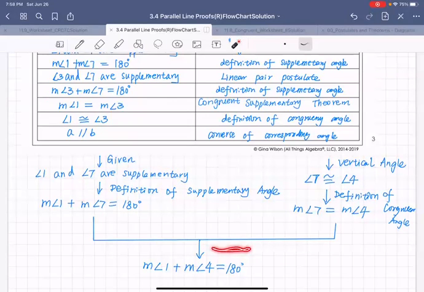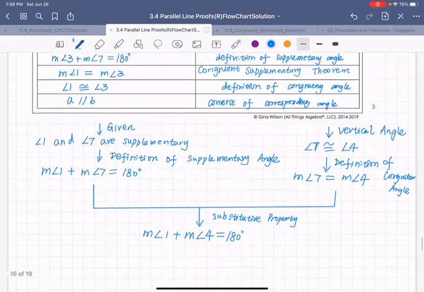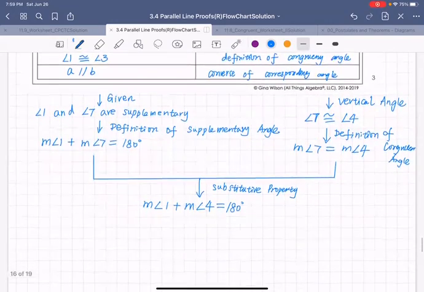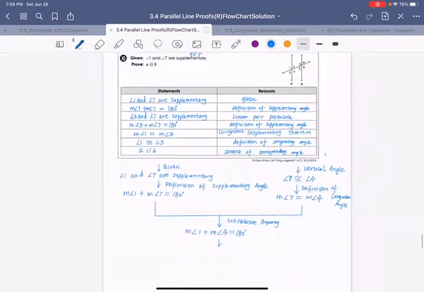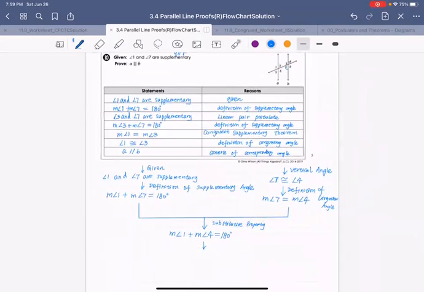They are substitution property. Very good. Now, what do we have? Angle 1 and angle 4 will be supplementary. Very good.